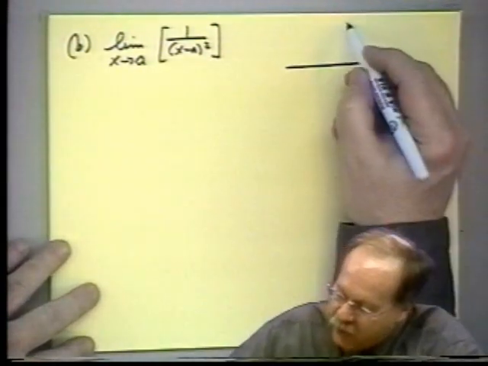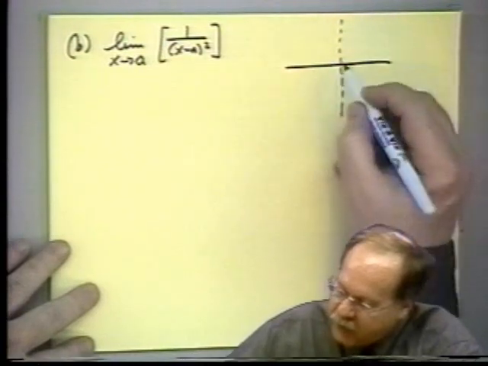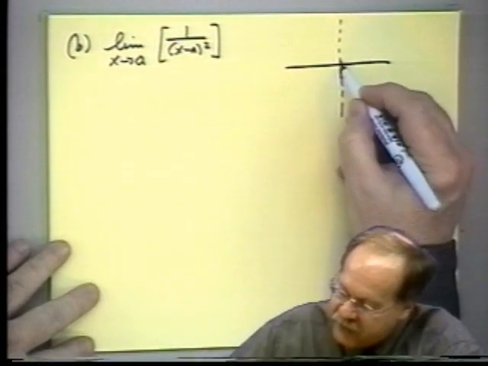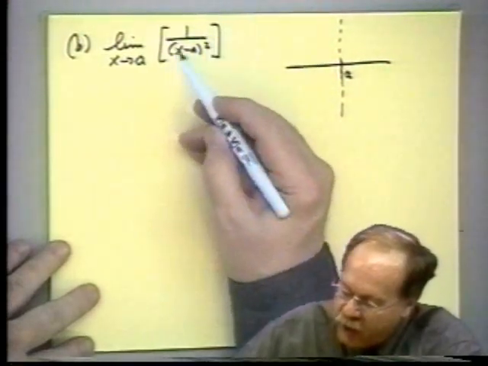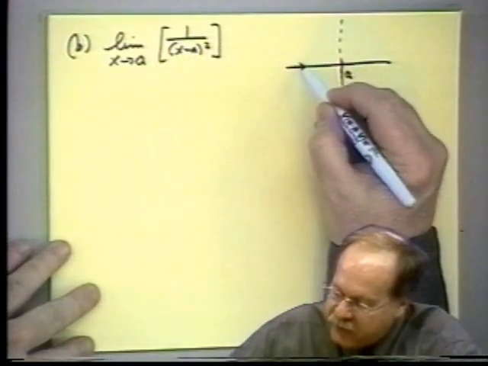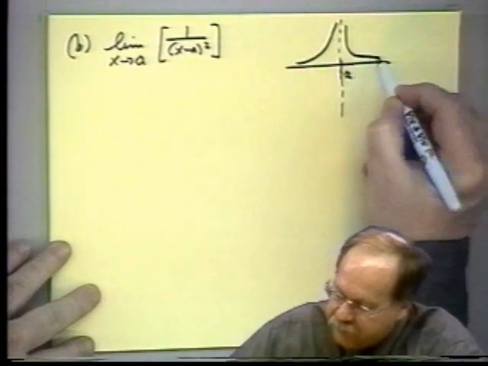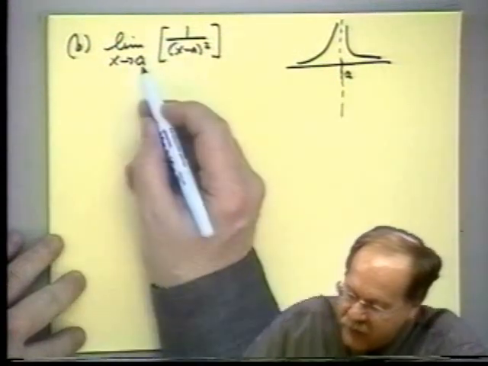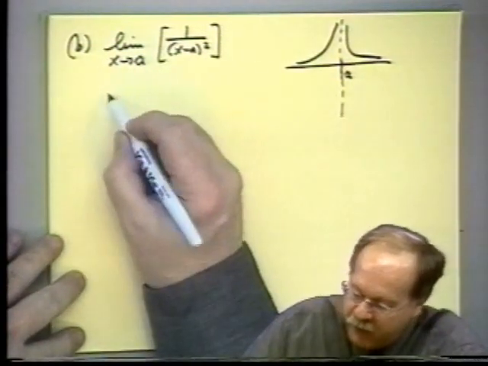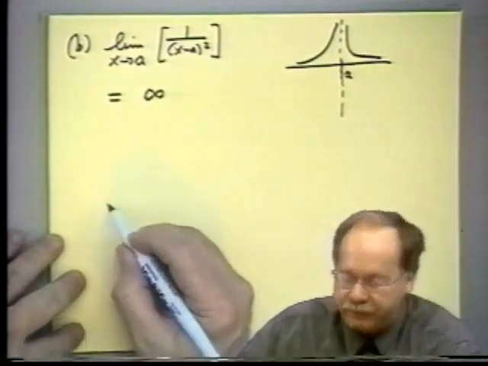If you look at the graph now, which is very similar to the previous one, if this is a, in this case, because everything's squared, the function is always positive. We have a picture that looks like this. So everything goes up on both sides, which means that this limit from one side or the other or both is simply infinity.